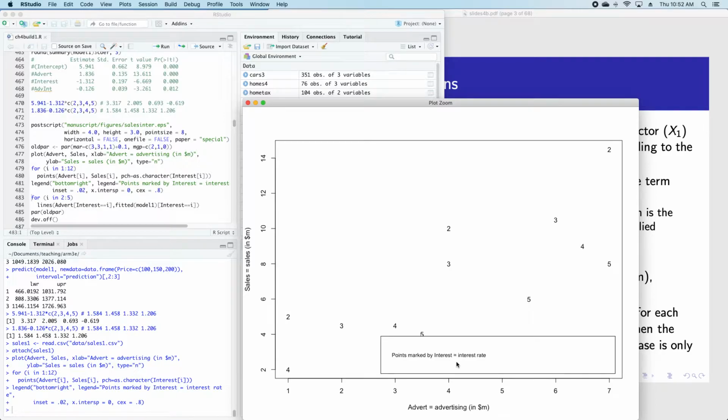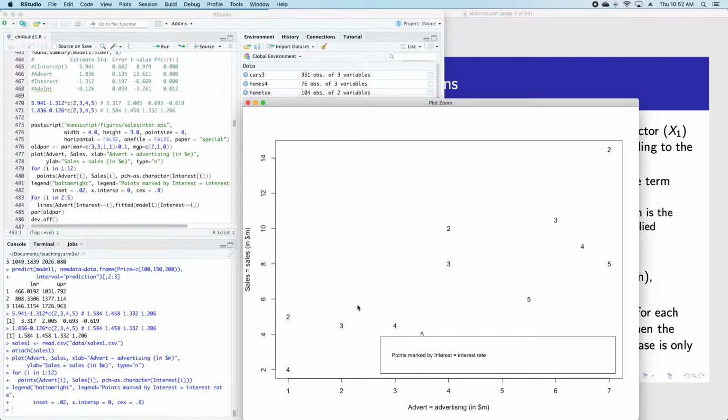For example, with an interest rate of 2%, we've got three values there, so there's an increase in expected sales when advertising increases, and the interest rate is 2%, and it's given by this relationship between these three points here.